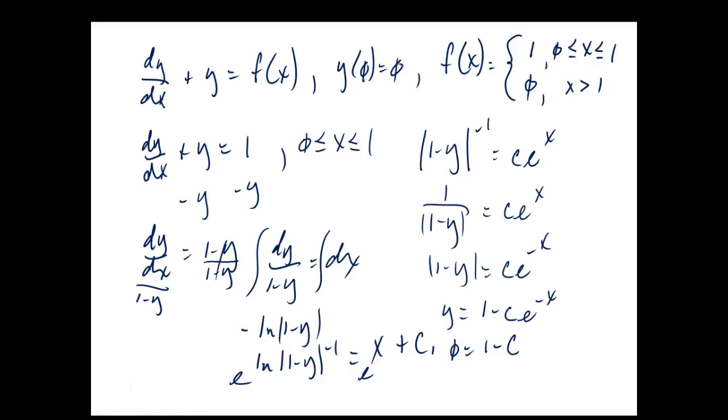Because when x is 0, e to the minus x is 1. So that means that c is equal to 1. All right, so our function is now y is equal to 1 minus e to the minus x.